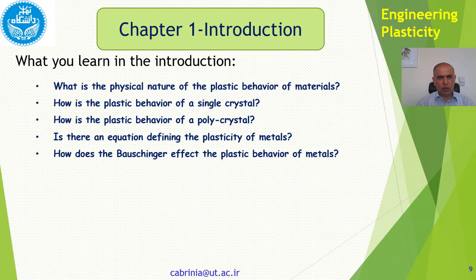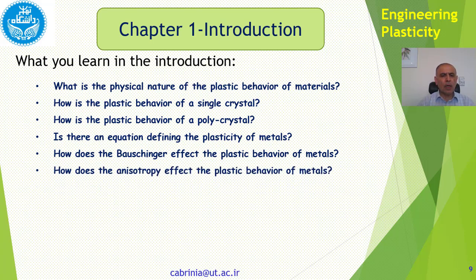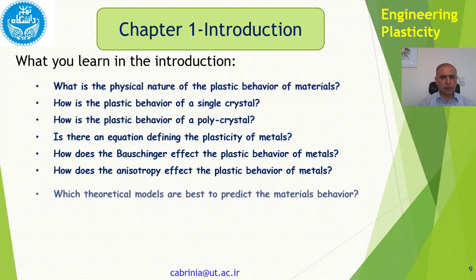We want to know what influence it has on the plastic behavior of metals. How does anisotropy affect the plastic behavior of metals? I'm sure that you have come across the Bauschinger effect and anisotropy, but here we want to know how they influence the plastic behavior of metals.